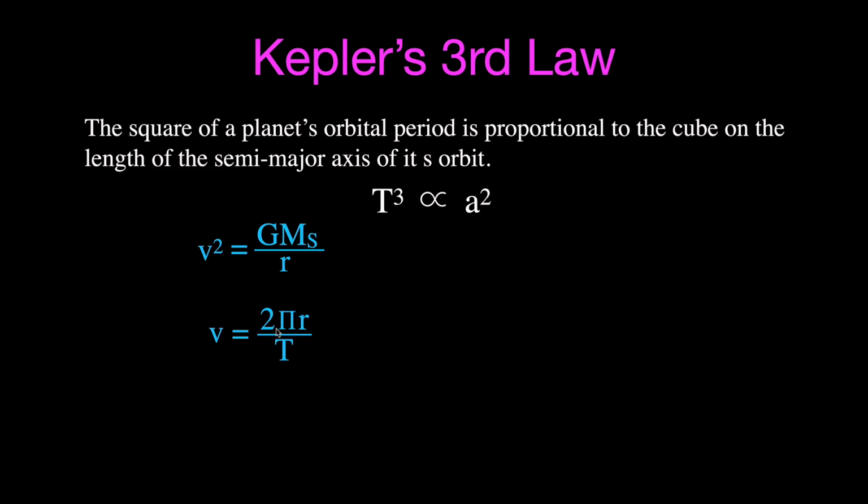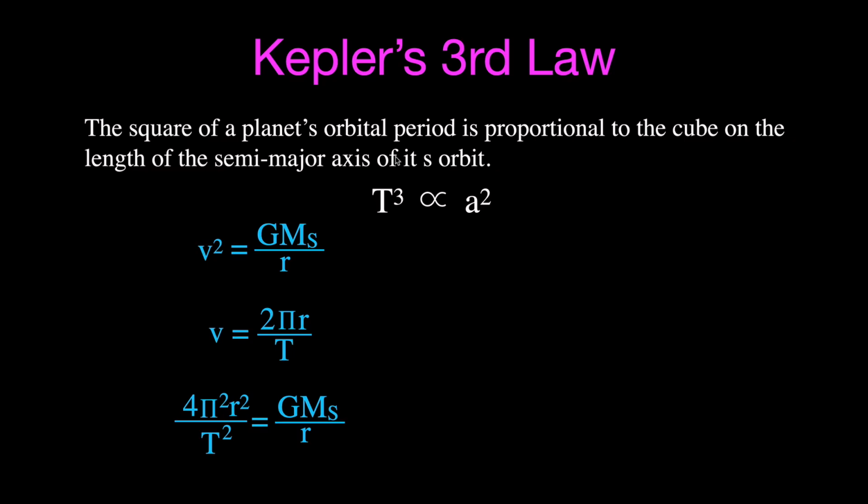I have to remember to square everything. Now, 2 squared is 4, pi squared is pi squared, r squared is r squared, and T squared is T squared. So on the left-hand side of this equation, now I have this term. And I'm going to set that equal to the original term we had over here, which is G times the mass of the sun divided by the distance between the planet and the sun.